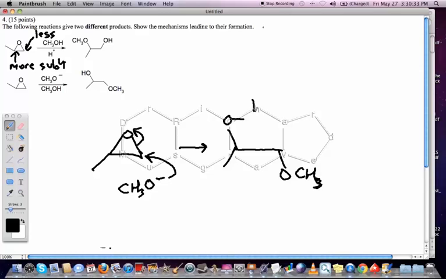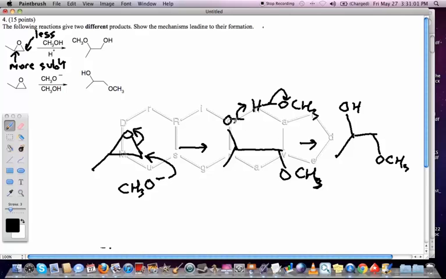Okay, now the negative charge on that oxygen can remove a proton off the methanol. That's the solvent here. And we get our alcohol product. Right, let me show you what's happening here.